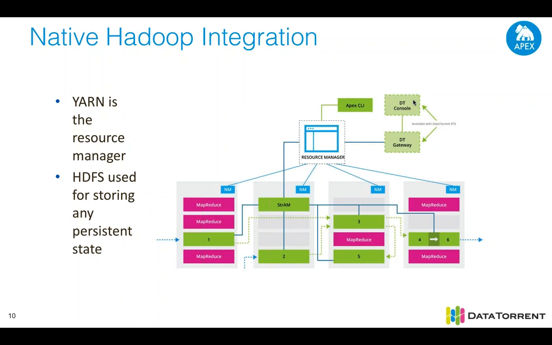For example, operators 1 and 2 are running on totally different nodes. 3 and 5 are running on the same node but as different processes. We call that node local. And 4 and 6 are running as different threads inside the same process. We call it container local. There may be reasons why you want one configuration versus another, whether node local, container local, or just different nodes, and we'll go into those details later. But all these are possible.